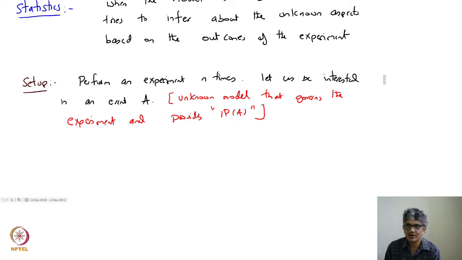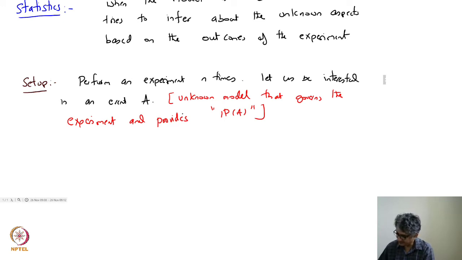So if you knew the model, then you would understand what P of A is. Unfortunately, the model is not known. So now, if the model is not known, then one needs to understand how this P of A relates to what we see from the experiment.